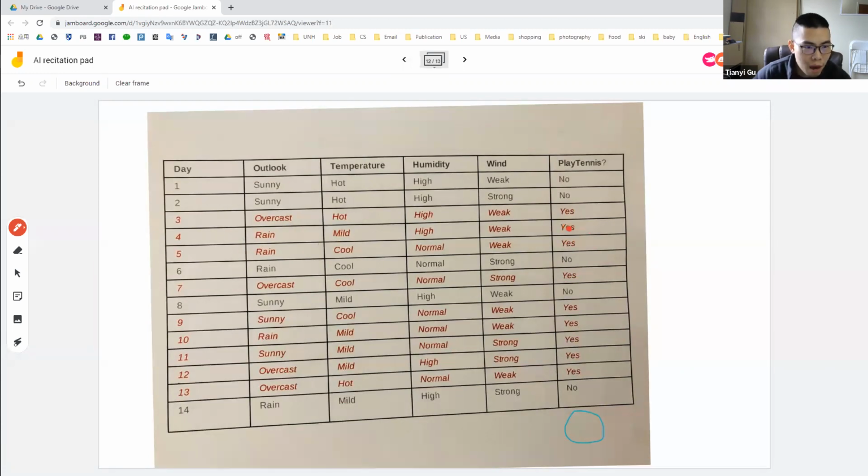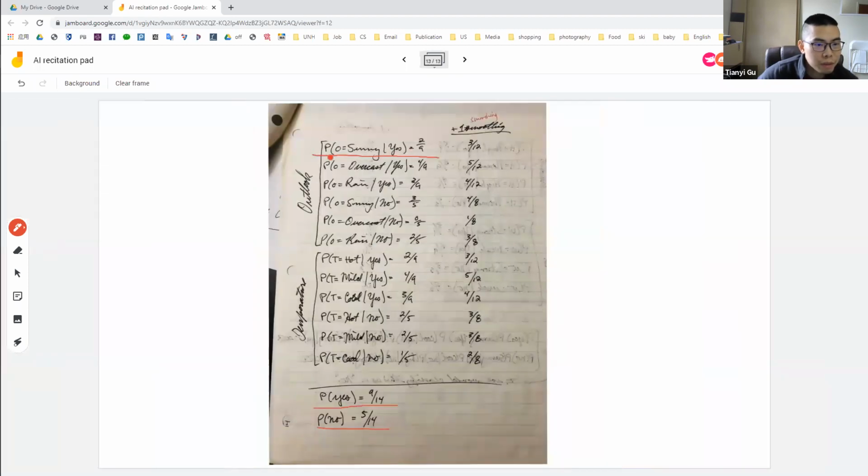And how many sunny? Looking at the outlook, there's 1 sunny, 2 sunny. So there are 2 sunnies. Given play tennis yes and the feature value sunny for outlook, the probability is 2 over 9, right?